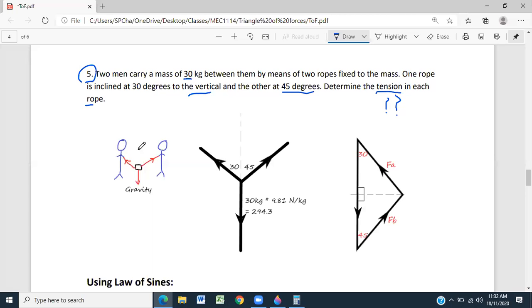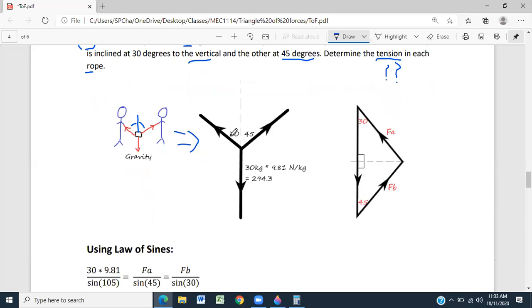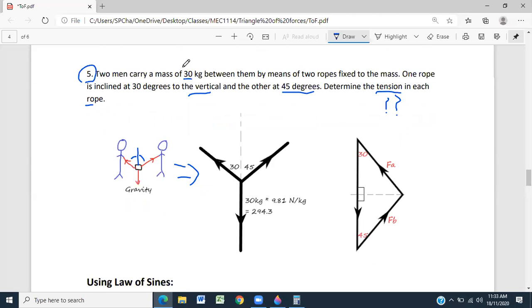And of course, the angles to the vertical are 30 and 45 degrees, because one guy might be taller and one guy might be shorter, right? So they create different angles with the rope with respect to the vertical. So let's translate this into a diagram. Okay. So the mass, right? How much does the mass weigh? 30 kgs.